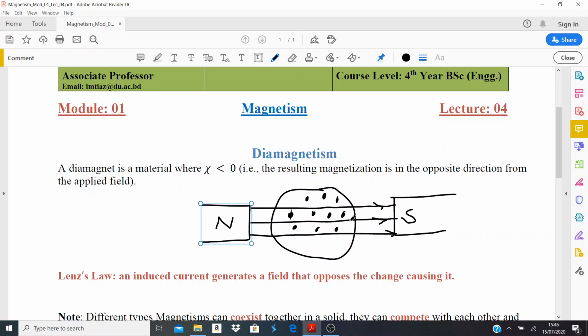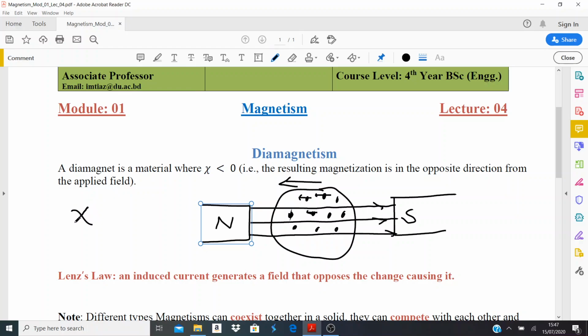Due to the presence of this external magnetic field, these species will generate a magnetic dipole moment which will start pointing in the direction anti-parallel to the external field, all of them. So the net magnetic dipole moment of this solid object will be directed in this direction. So the net magnetization is in the opposite direction of the external magnetic field.